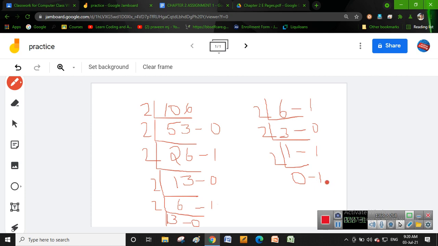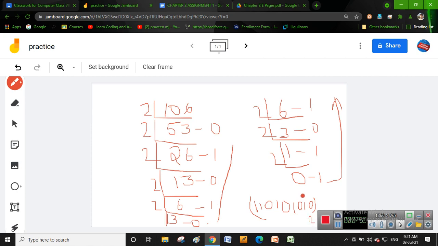So the value starts from here, that is 1101. Again this part 0 1 0 0. This is the binary number. Okay, this is the binary number.